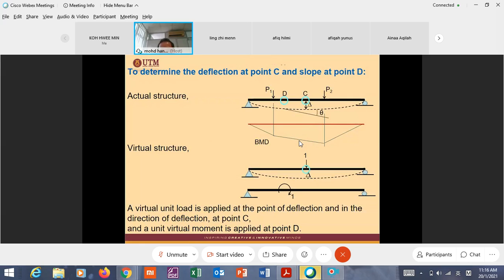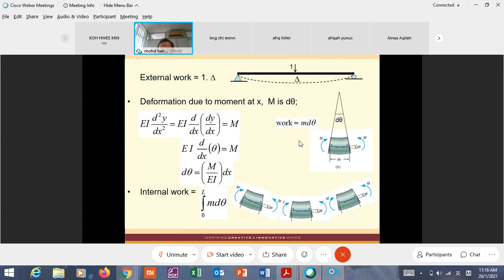And for the beam, similarly, it is divided into maybe 100 members. You can use summation of 100 members. But if the relationship between x and y for this curvature is known, then we can use integration.